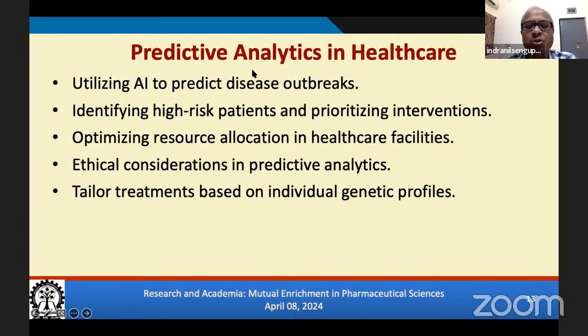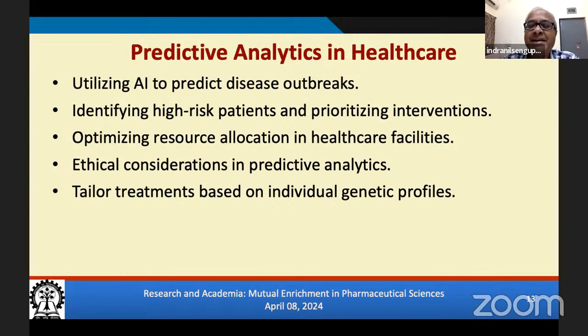And there is something called predictive analytics, which is also becoming very important because we have seen the COVID outbreak. So we have learned this in a very hard way, that this is so important for us.